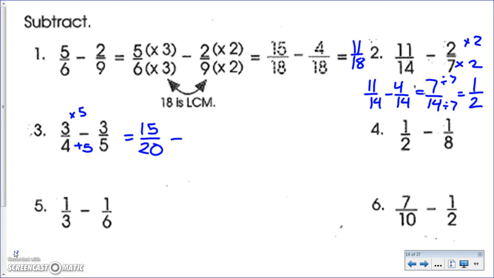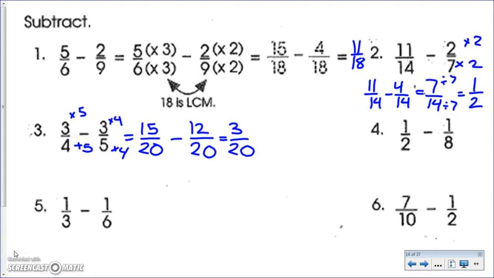Next, we're going to multiply 3/5 by 4 on the numerator and the denominator to get up to 20ths. And 15/20 minus 12/20 equals 3/20, which cannot be simplified any further, so that is our final answer.